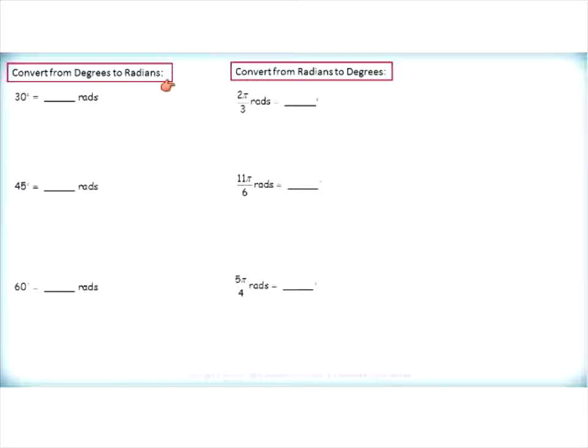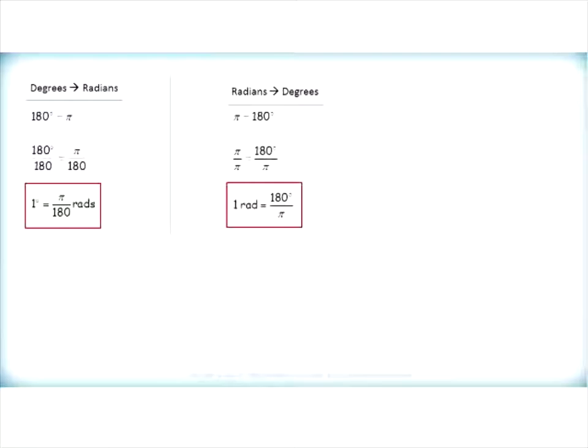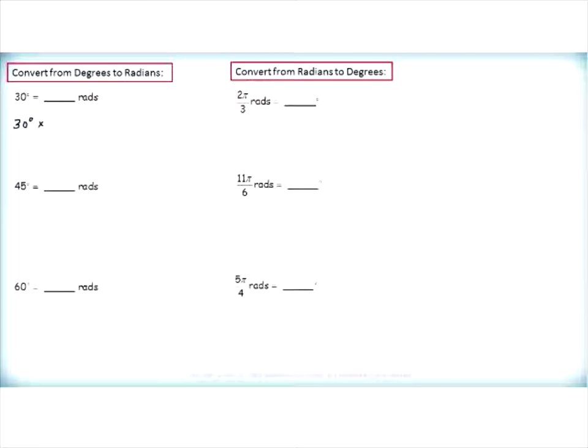Converting from degrees to radians, what you simply need to do is take the measure of the angle in degrees and multiply by pi over 180. Because as you just saw in the last slide, 1 degree is equal to pi over 180 radians, so 30 degrees will be 30 times pi over 180. 30 times pi over 180 is equal to pi over 6 radians.